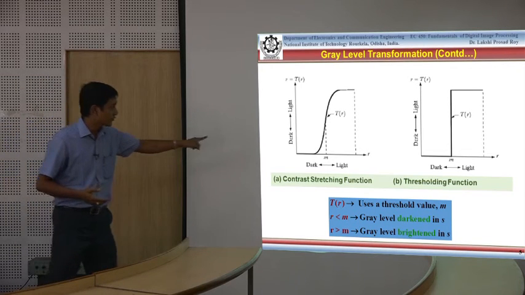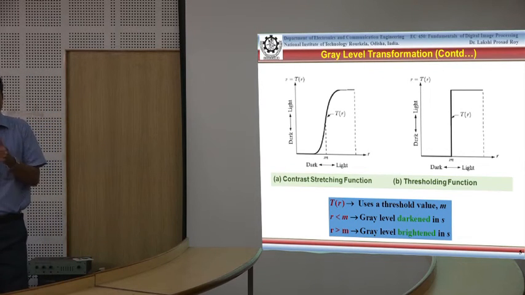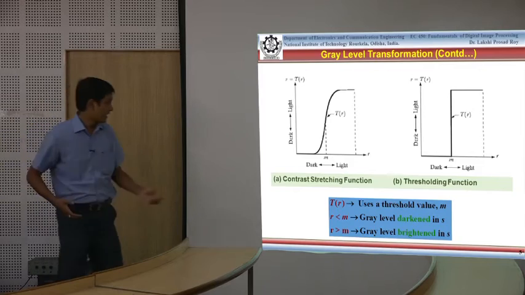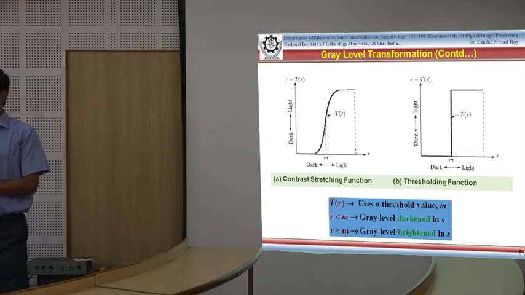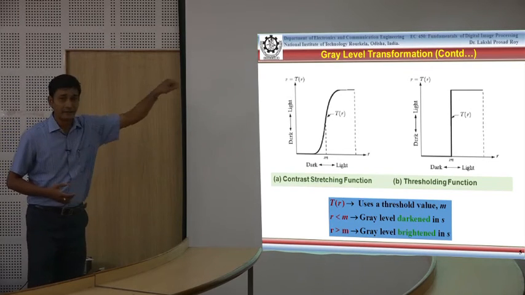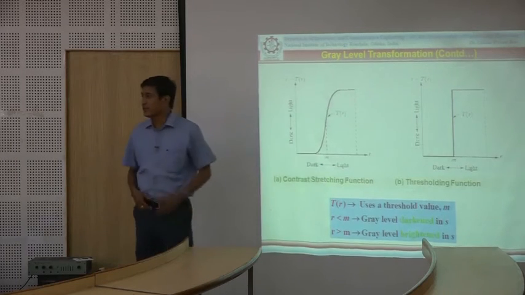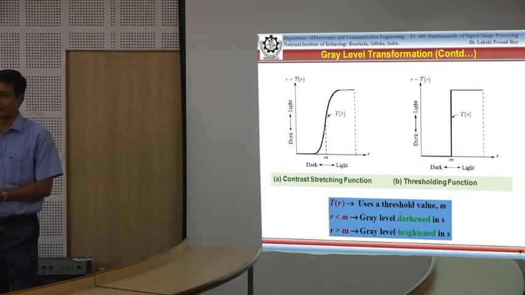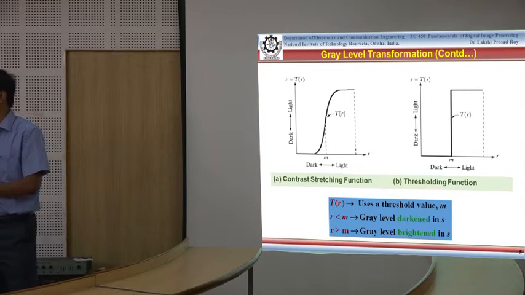If I move from 0 to a certain level of r values, even though r values are more than 0, the output is still 0. Up to this, whatever the input image values are, the output will always be 0. Similarly, if you go to the end, if r goes beyond this value, the output will be the highest value, L minus 1, no matter what the r values are after that.